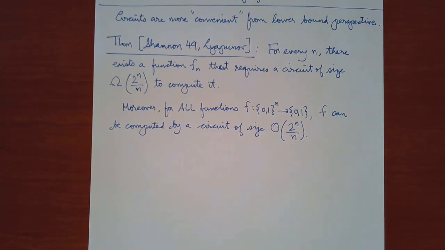A formula is a tree. In this, you actually have to reuse computations. Indeed, that's exactly what they do. The argument for this proof is you pre-compute all functions of a few inputs, and then you can reuse those. You have to choose it very carefully, but if you choose that carefully, you get 2 to the n divided by n.